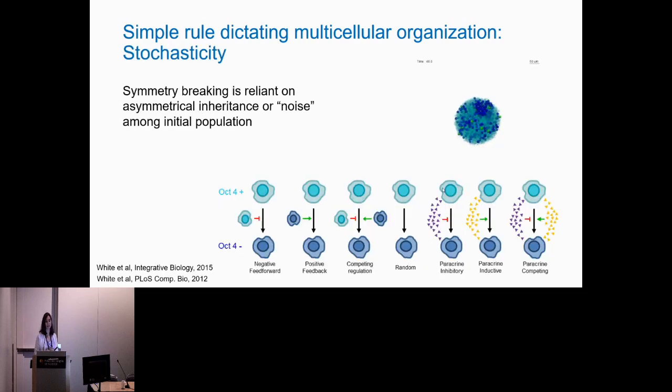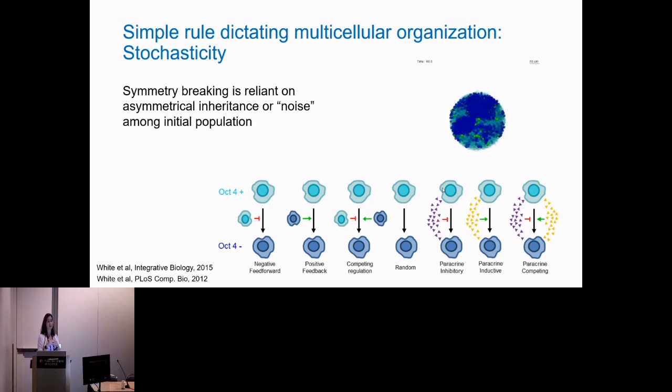Another rule that dictates multicellular organization: all of our simulations that I will show you have some element of stochasticity to this. If you just consider an initial population of pluripotent cells, you have to have something start the events from occurring.